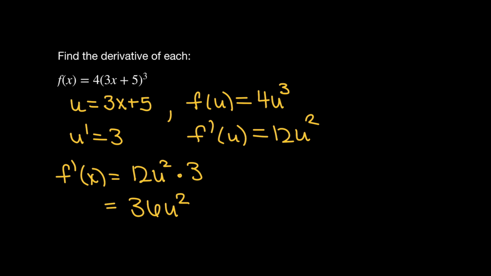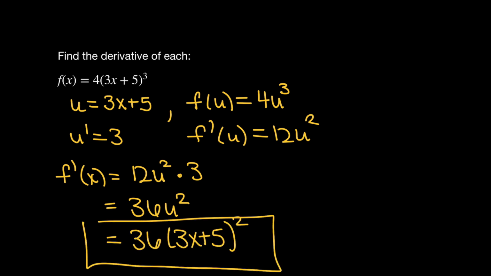And so that's 36u squared. And then finally, I do want my final answer to be in terms of x and not u. So I'm going to take this 3x plus 5 and plug that in for u. And my final answer is 36 times (3x plus 5) squared. So that's an example of how the chain rule works.